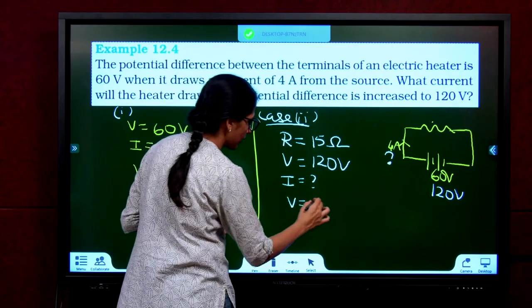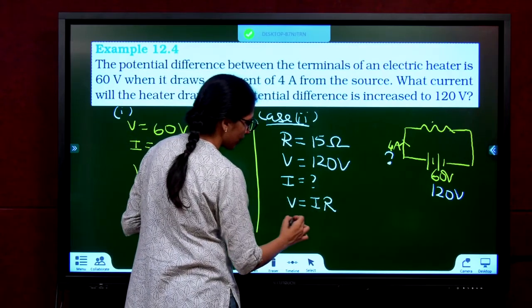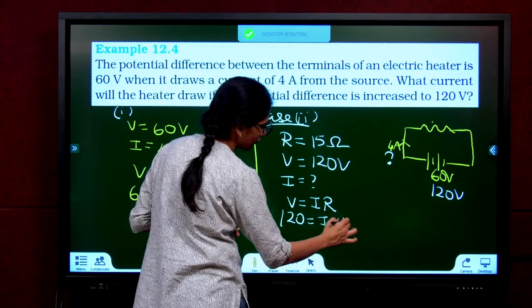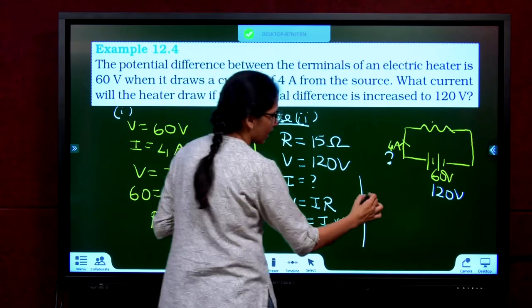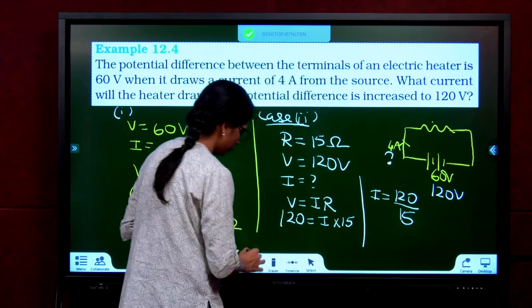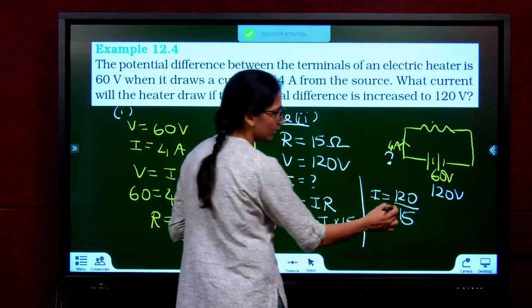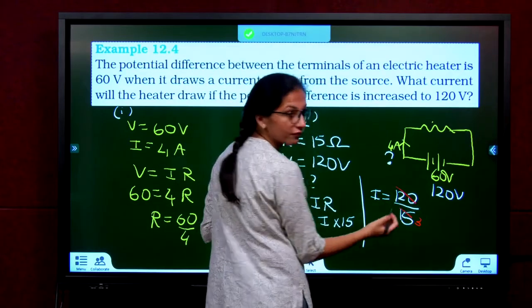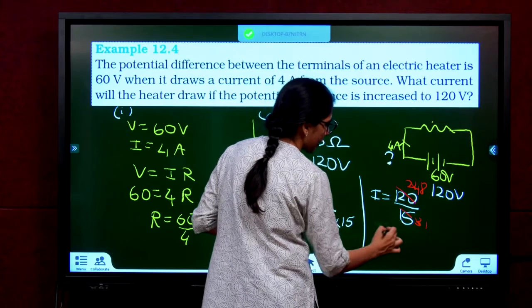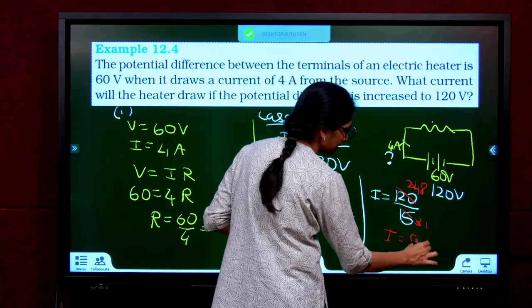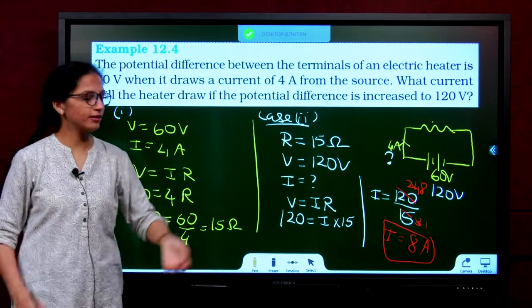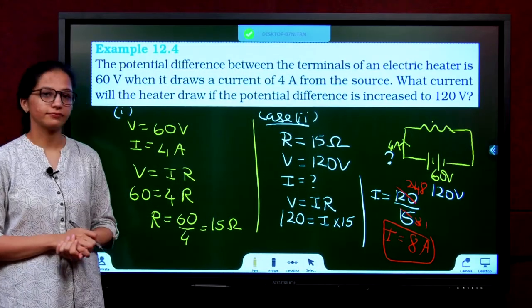Use V is equal to I into R. So, 120 is equal to I into 15. I is equal to 120 by 15. How do we solve this? 5 3s are 15, 5 2s are 10, 5 4s are 20, 5 8s are 40. I is equal to 8 amperes. So the new current is 8 amperes.